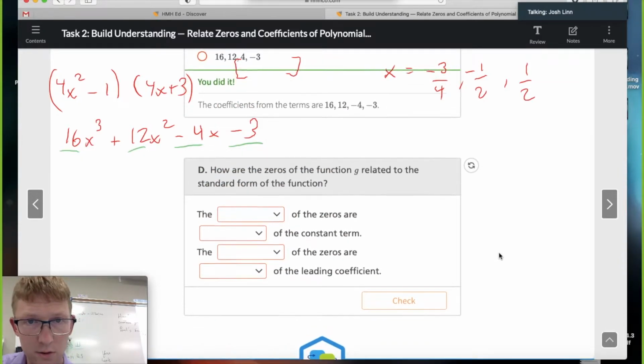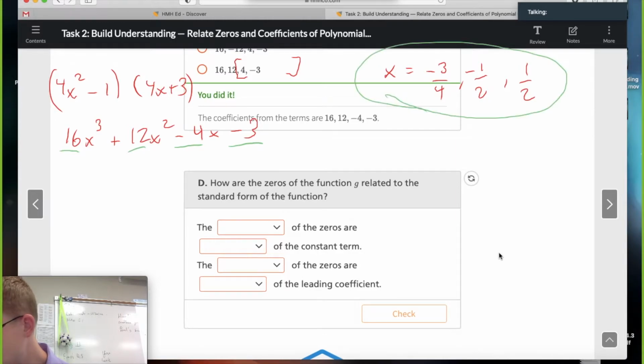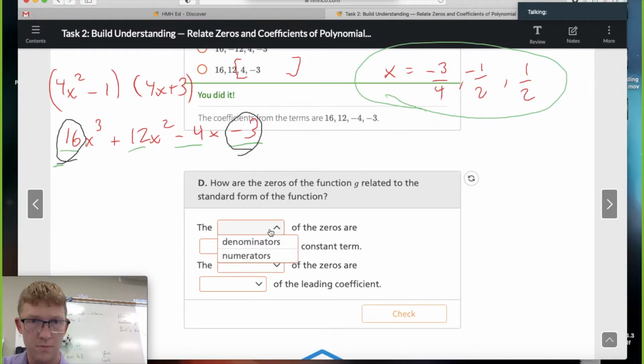Now here's the interesting part. So how do the zeros of function g relate to the standard form of the function? So again, here's our zeros. Here's our coefficients. We should specifically look at these two coefficients.